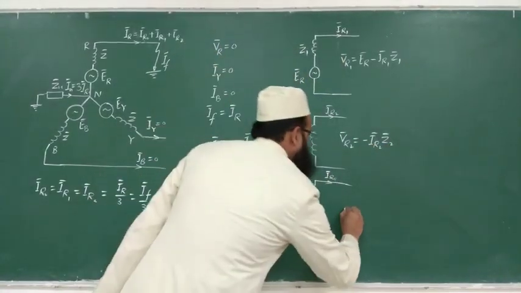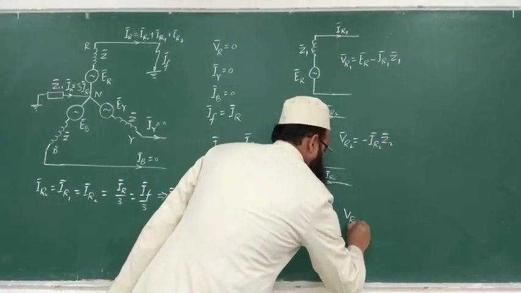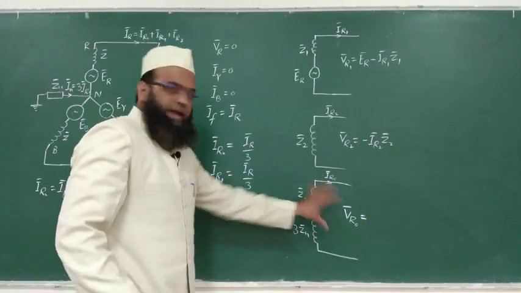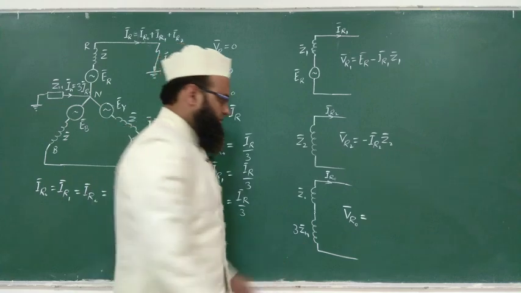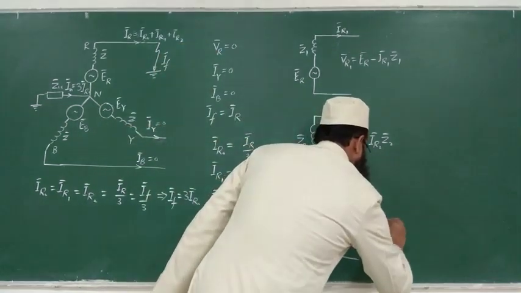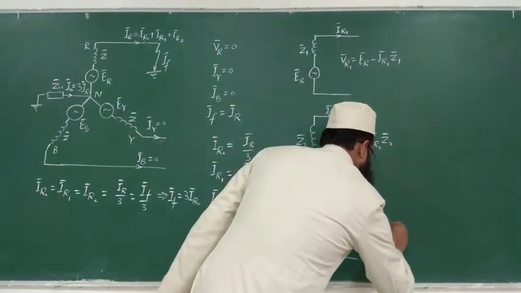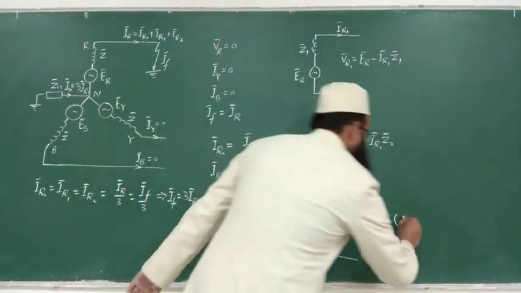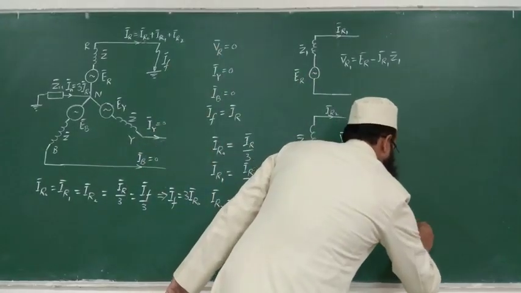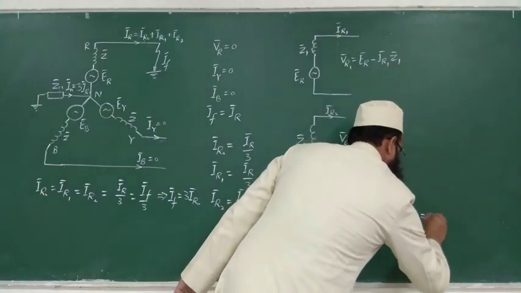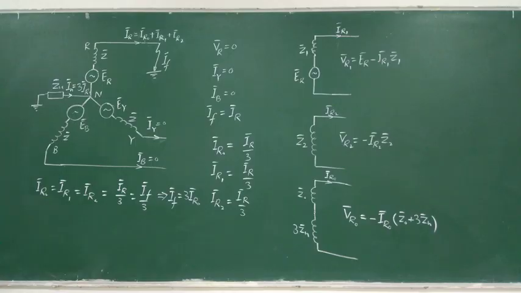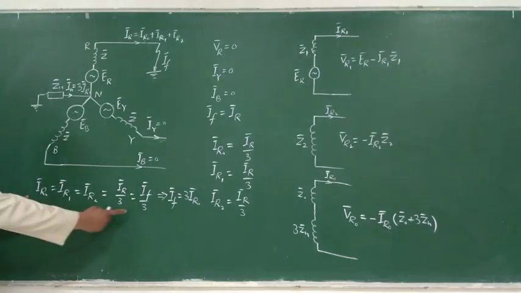Similarly, write this VR0 will be equal to 0 minus, again no EMF here, so minus whatever the current is there in this network, IR0, times the equivalent, which will be Z0 plus 3 times Zn, no doubt. So we have obtained this relationship.